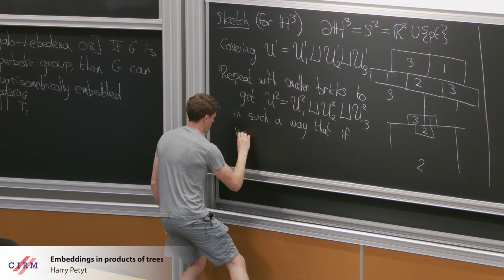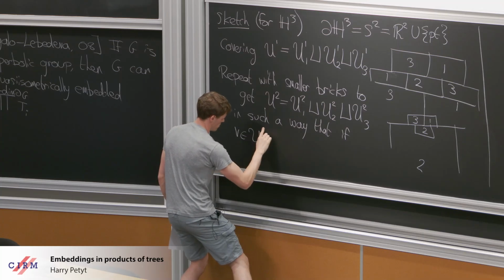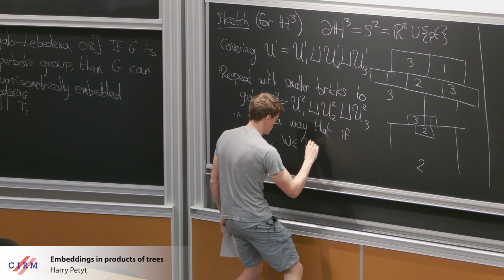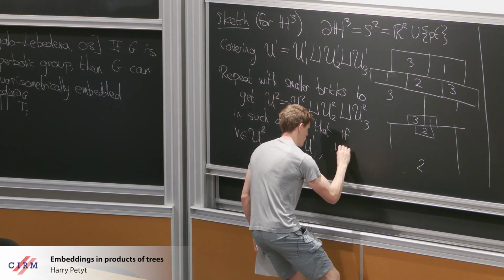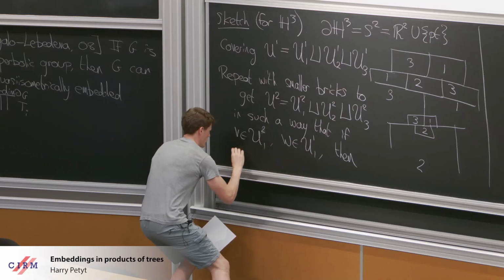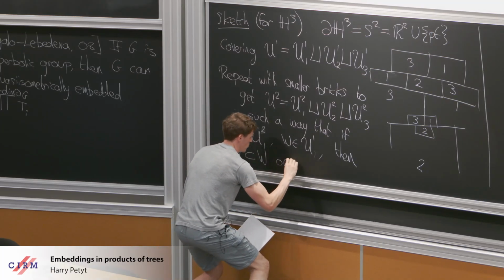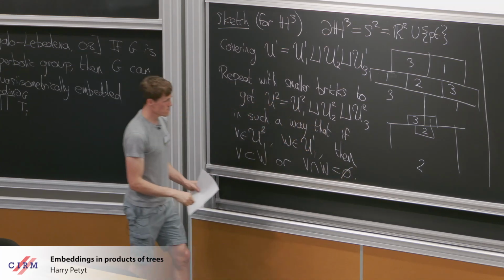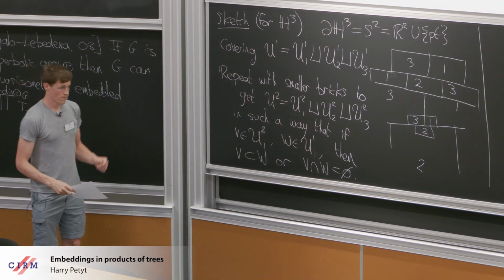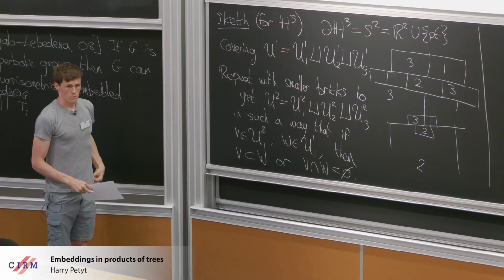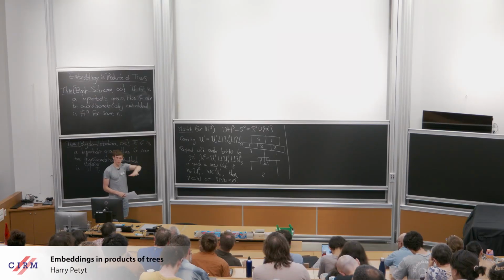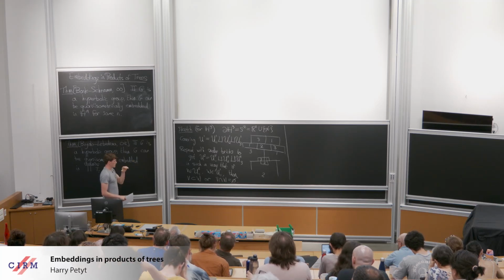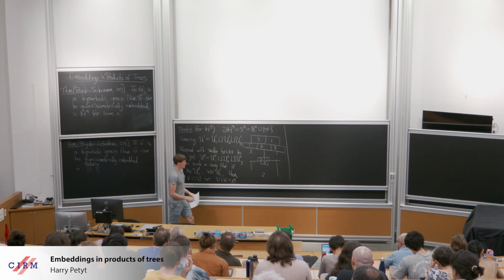that if V is in U21 and W is in U11, then either V is contained in W or V is disjoint from W. Okay, so now I've got 2 coverings of the boundary of H3, and the second one is smaller than, but aligned with the first one.